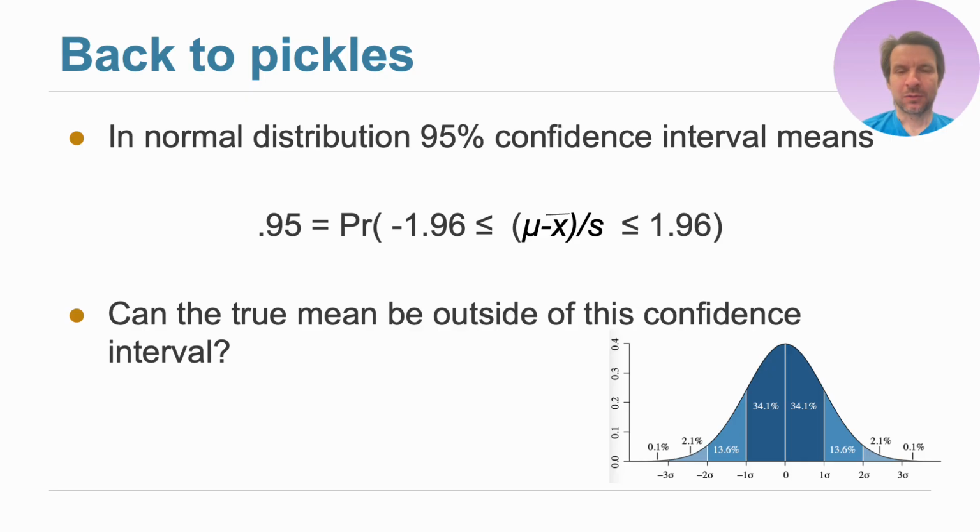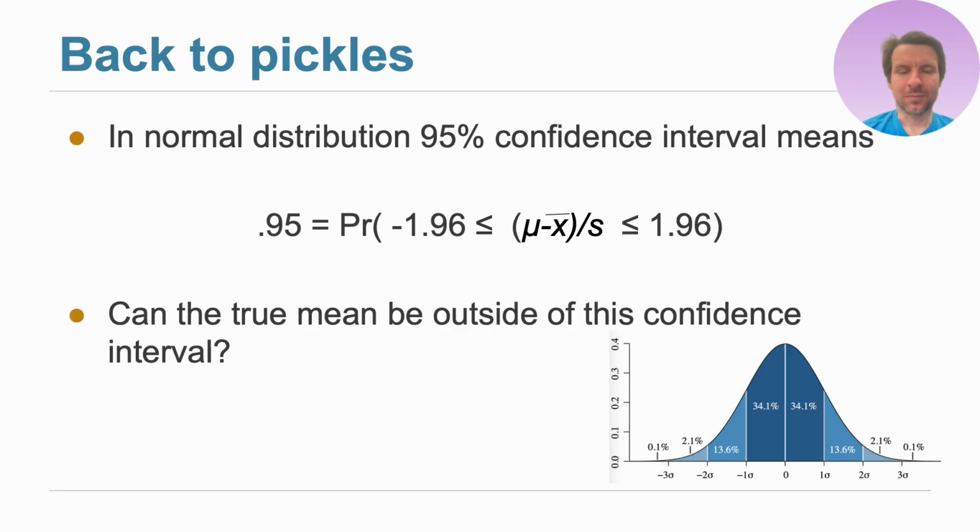So what you can do is solve for the true mean by taking the mean that you calculated, calculating the standard deviation from the data you have, and making a bracket: your mean minus 1.96 times the standard deviation to your mean plus 1.96 times the standard deviation. And now you have 95% confidence that the true mean is inside this interval.